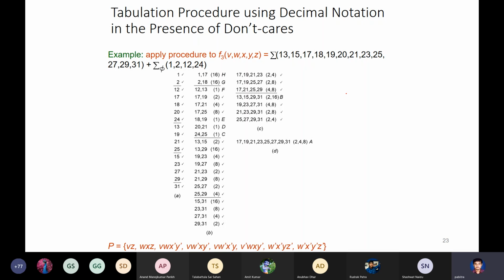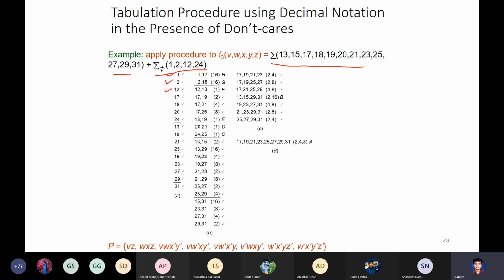One more thing I'd like to mention: I have written all the min terms in the previous example. If you have some don't care terms, you treat them identically as min terms. So these are some don't care terms I have. You put them in as well, and you consider don't care terms also.